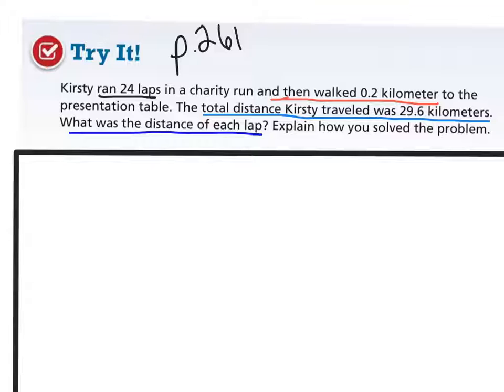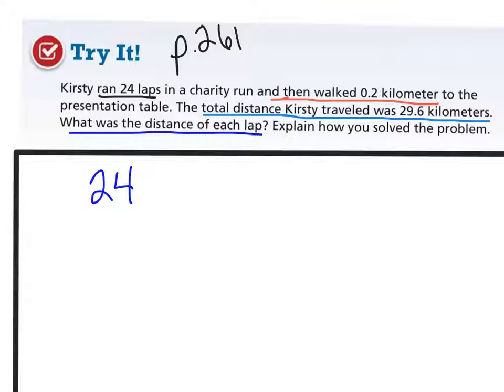One option, we could look at the amount of laps that she ran plus the amount that she walked is 29.6 kilometers. So she ran 24 laps, so we should probably define our variable.